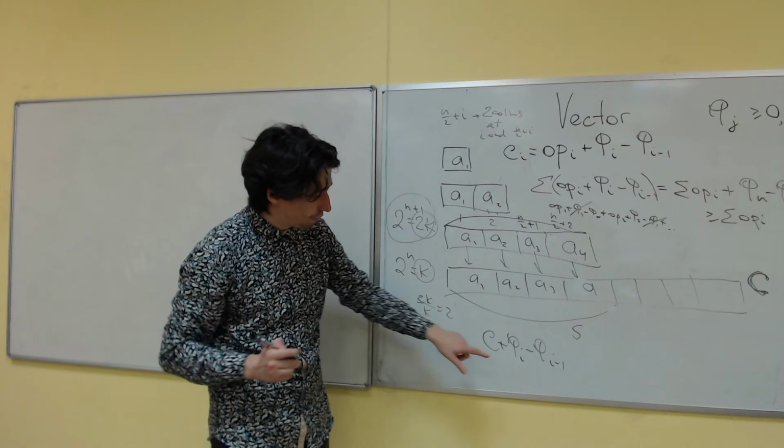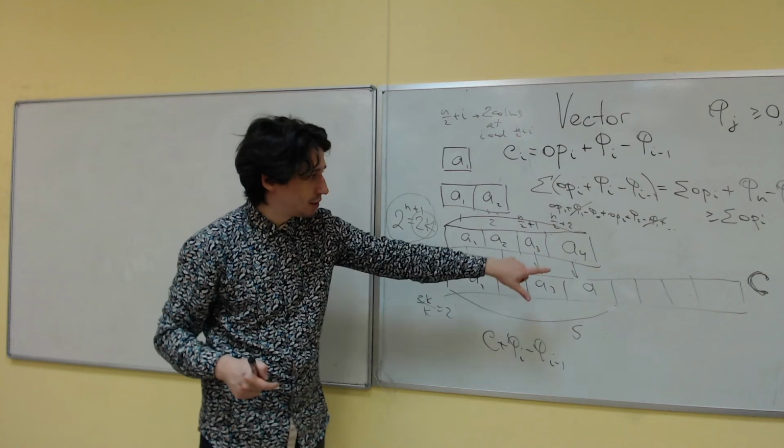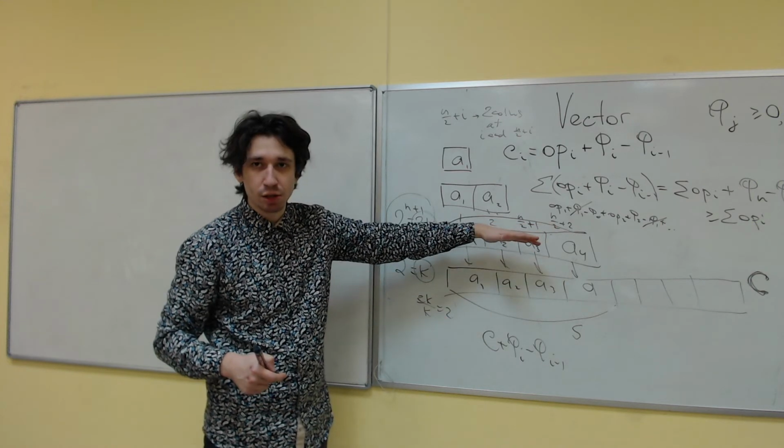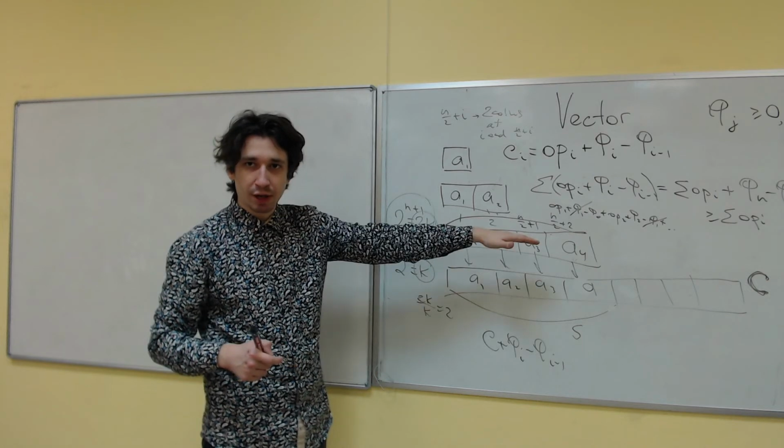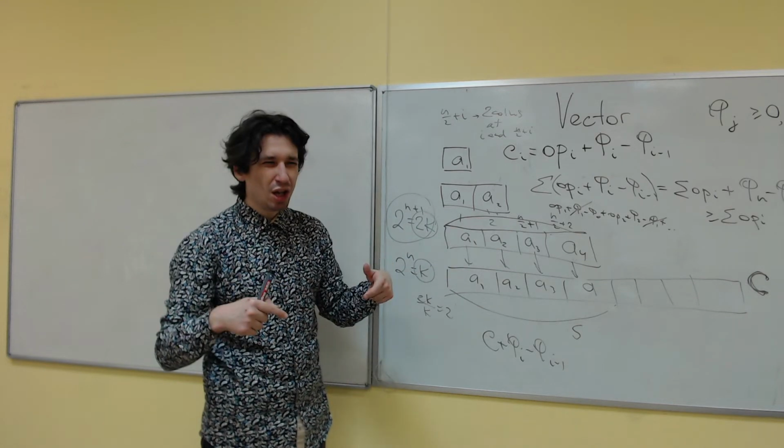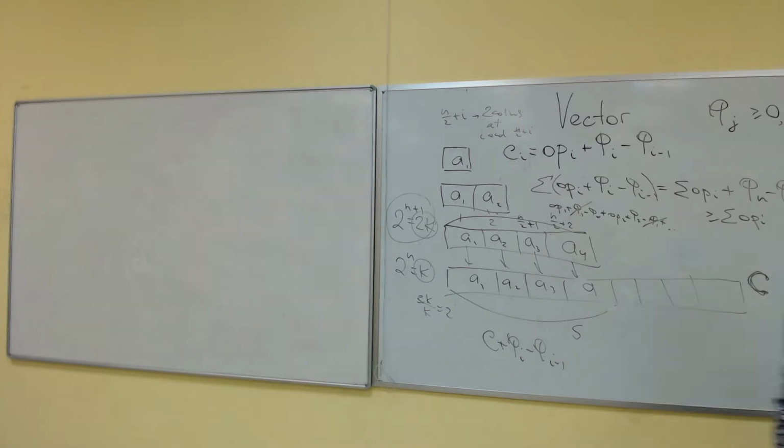So C is the capacity of the array. Here it was 4 and we are out of capacity. Then each operation, what's happening?